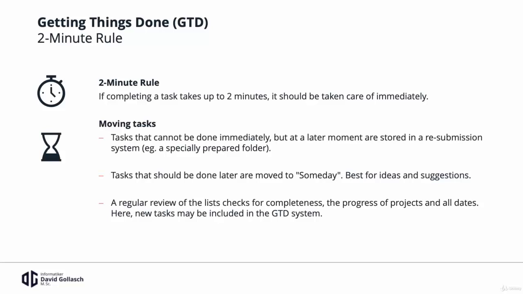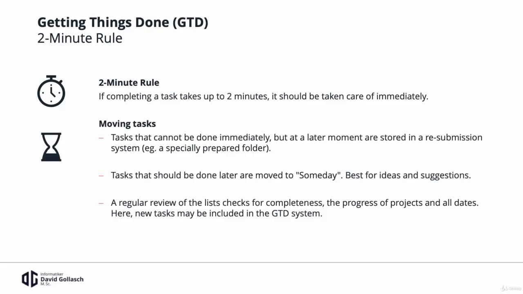Those tasks that you do not consider doing immediately, and that you're not planning to do when you have them on your resubmission system, you should file onto a someday list.